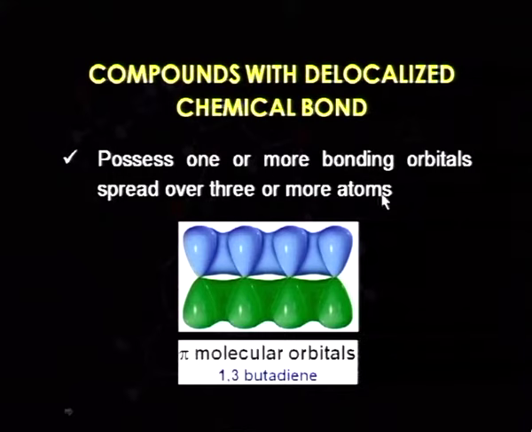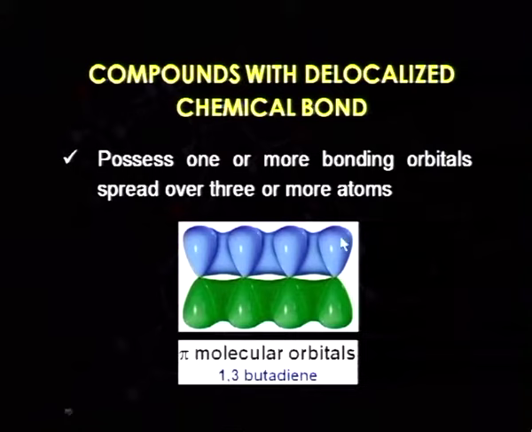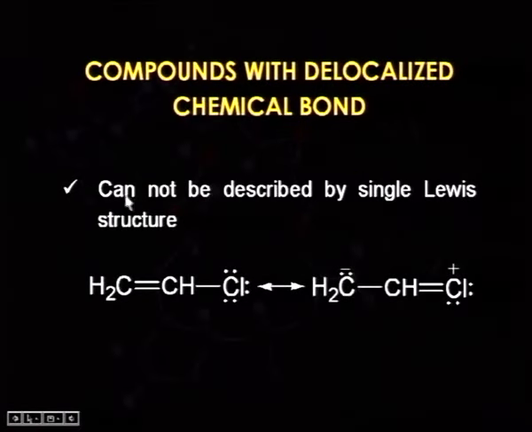We can see here that the pi bond will not remain localized here and here only, but it will be delocalized over all the 4 carbon atoms. Such compounds cannot be described by a single Lewis structure, as happens in compounds like ethylene, which does not show delocalized chemical bonding.